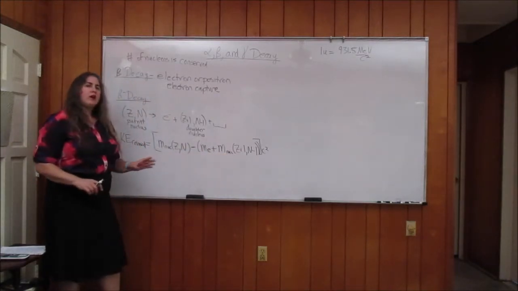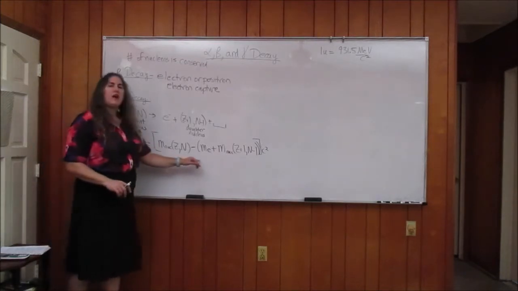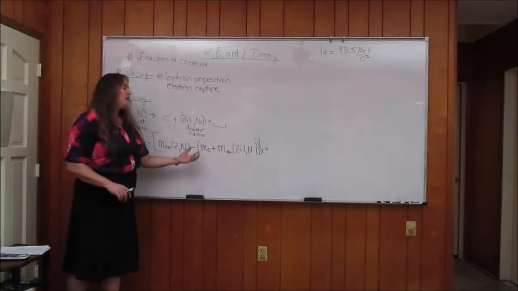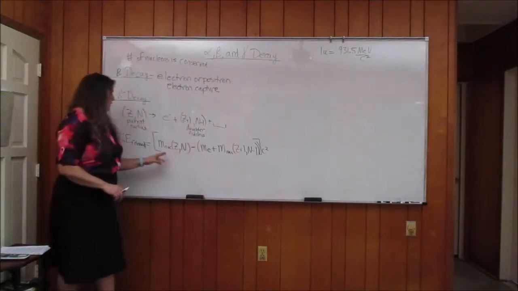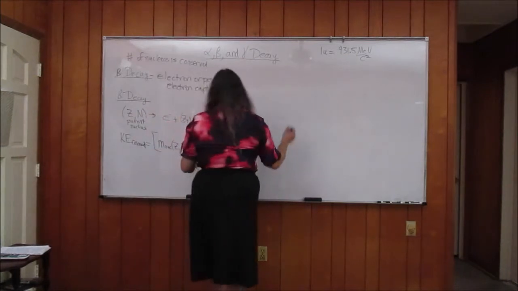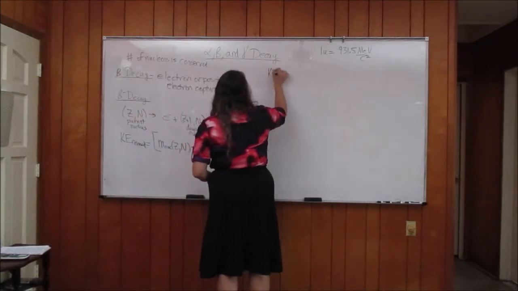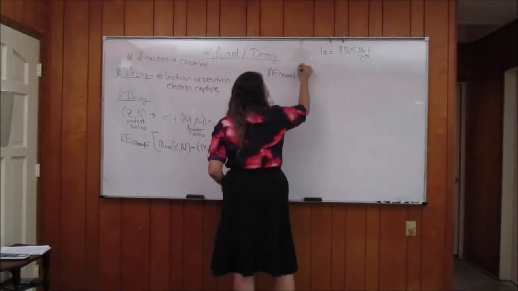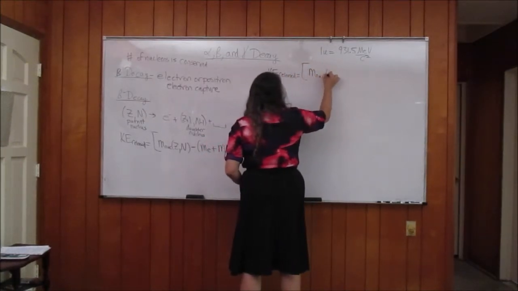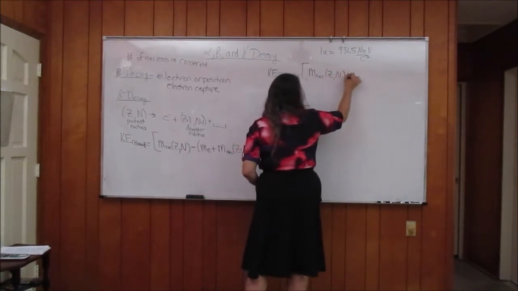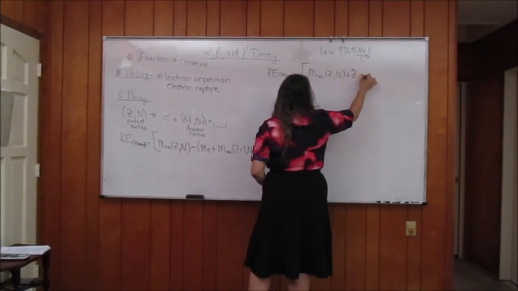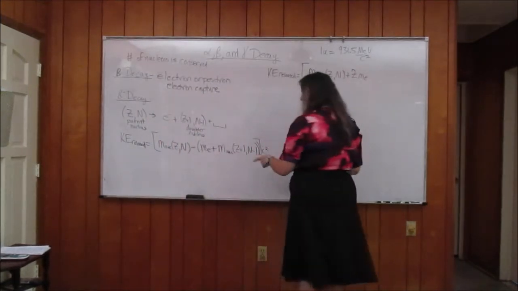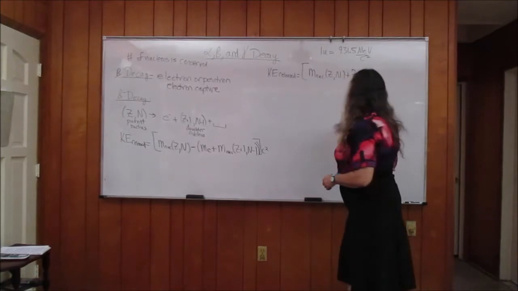And just as before, I rewrote the expression in terms of the atomic masses because nuclear data tables list the atomic masses, they don't list nuclear masses. So let me just rewrite this expression. I'm going to add Z times the mass of the electron and subtract Z times the mass of the electron.